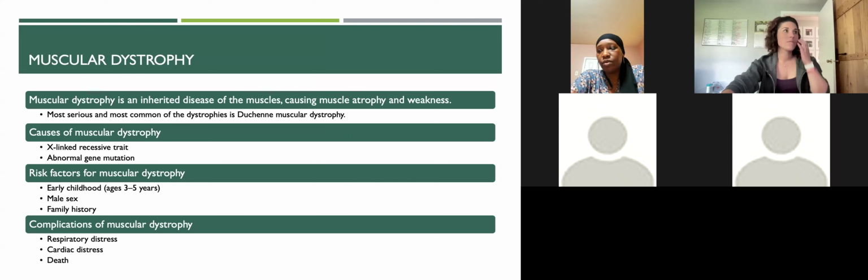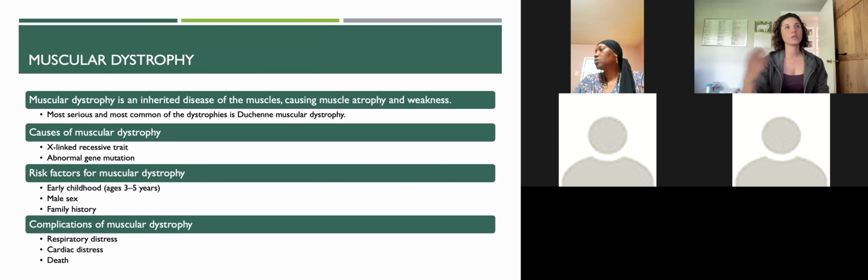Almost there, guys. Muscular dystrophy is an inherited disease causing our muscles to deteriorate. So they get this progressive weakness. The most common is Duchenne's muscular dystrophy. And it is an X-linked recessive trait where we've got a mutation in our gene.